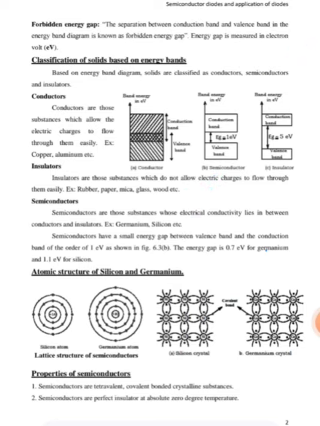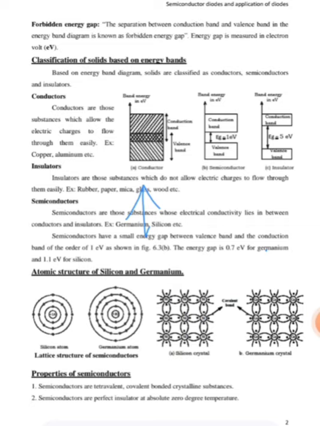So why is there a lot of difference between the forbidden energy gap in conductors, semiconductors and insulators? In conductors, if only a small amount of energy is provided externally, the valence electrons, that is, the electrons present in the outermost orbit, are going to absorb that energy and become free electrons, which are responsible for the conduction of current.